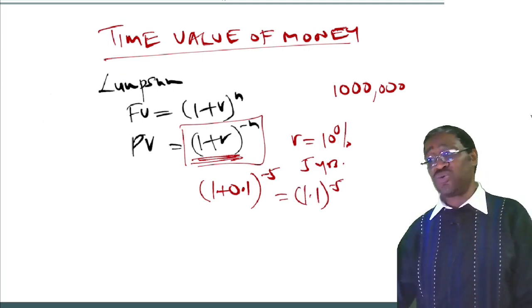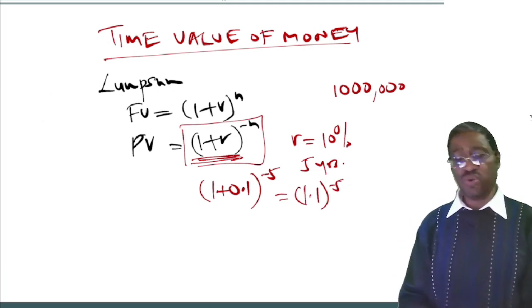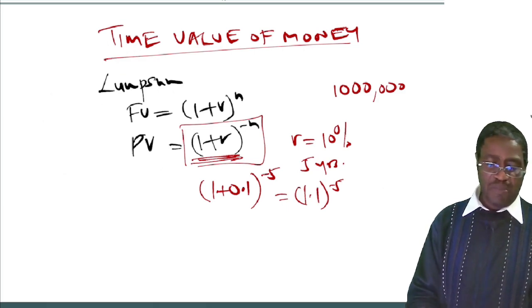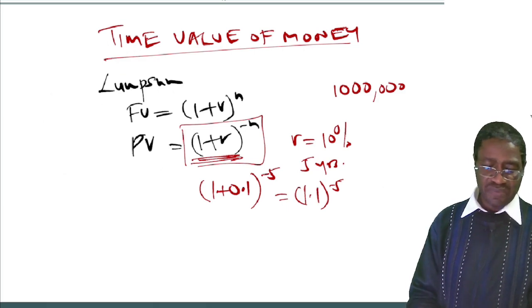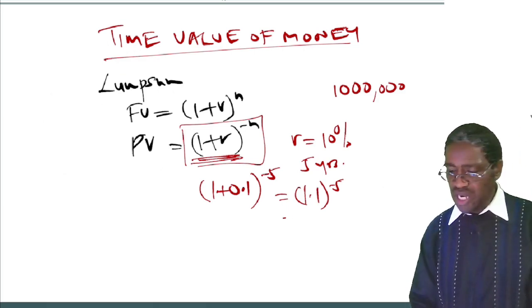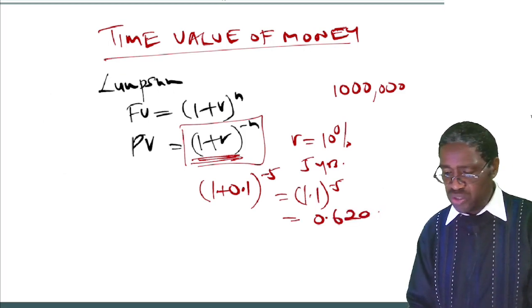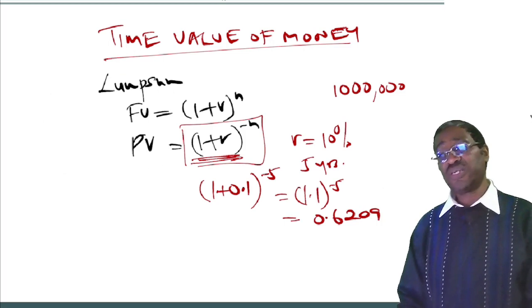Let me use a calculator to show how much that factor would be. 1.1 to the power of negative 5 gives me a discounting factor of 0.6209 to 4 decimal places.